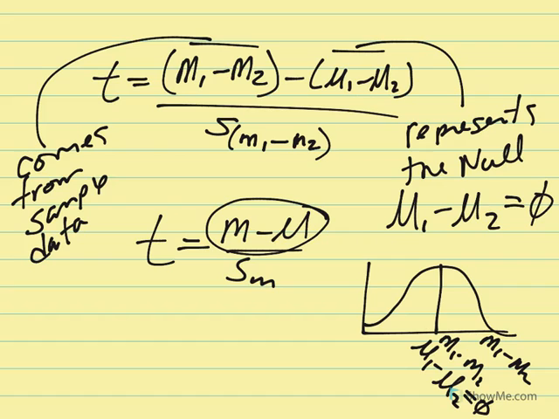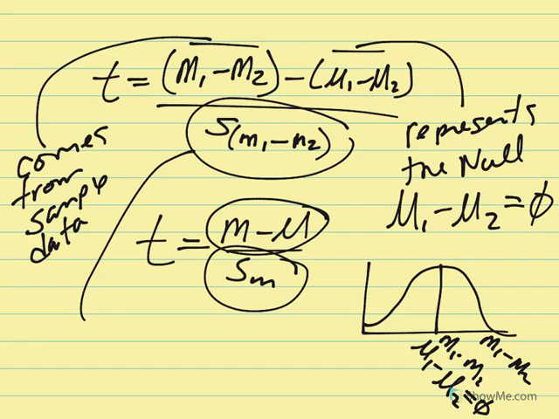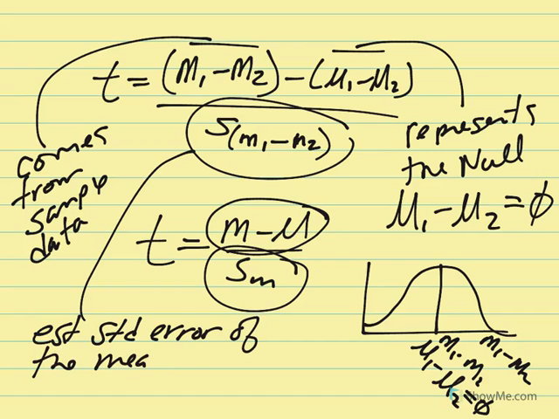But now because we're working with sample to sample, it's as if we're doubling everything. And then the denominator is the estimated standard error of the mean, and this is referred to as the estimated standard error of the mean difference.